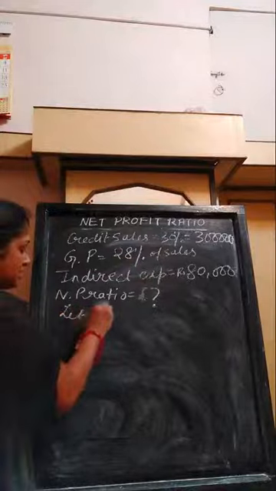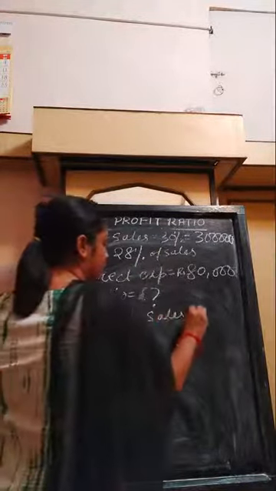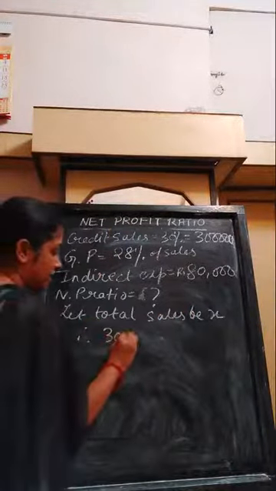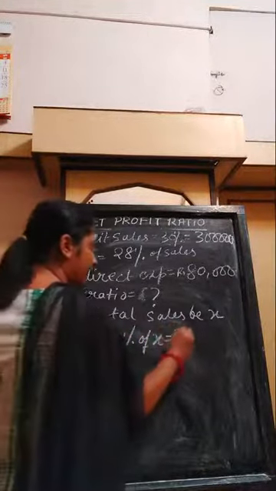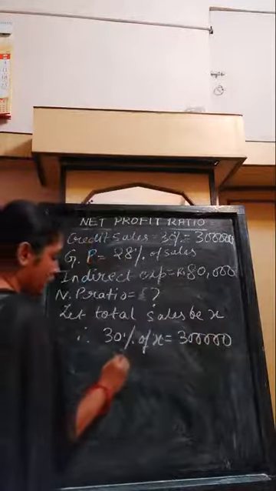Let total sales be X. Therefore, 30% of total sales, that is 30% of X, is 3 lakh. Then what is total sales, or what is X?